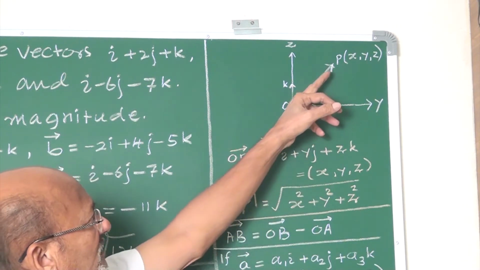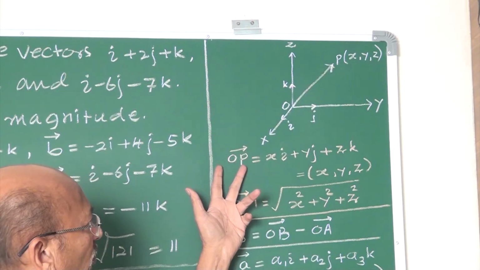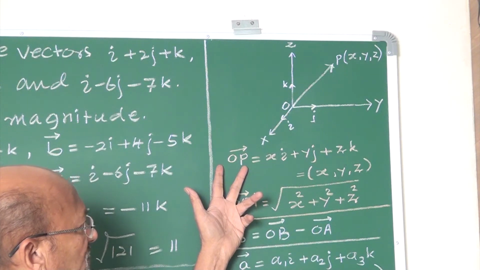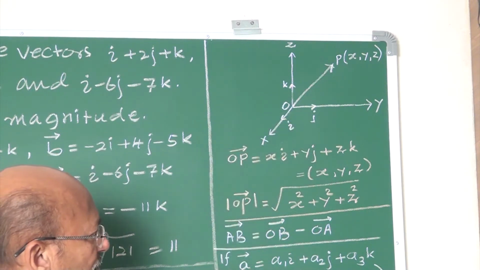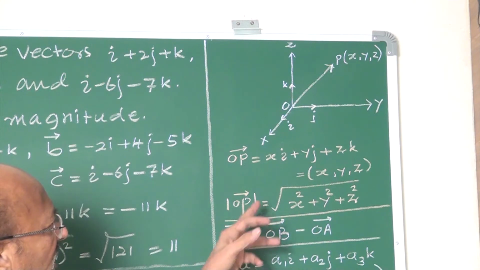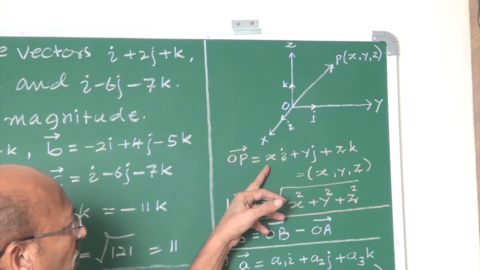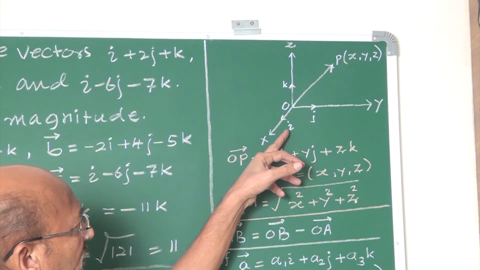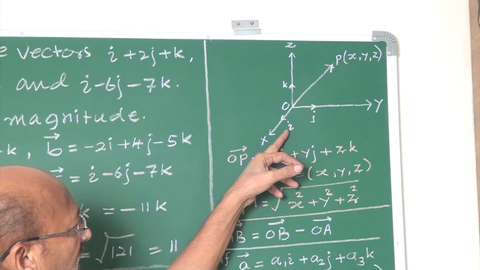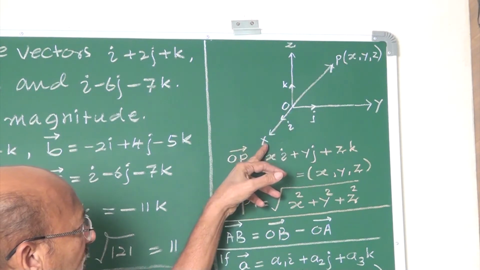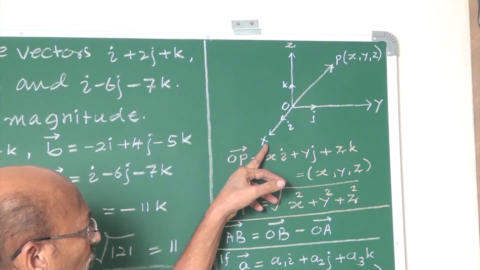Then the position vector of the point P is expressed in terms of I, J, K. As xI means the x coordinate of the point P multiplied by the unit vector along the direction OX.